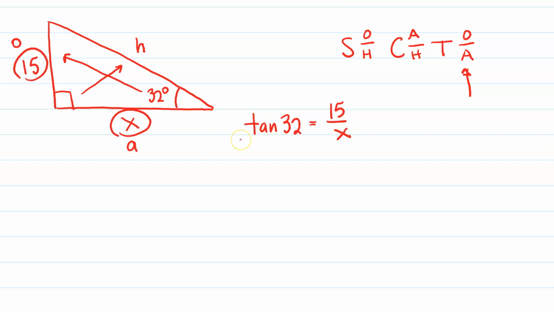Okay, when my problem looks like this, I'm always going to handle it the same way. I'm going to cross multiply, which means when I do that, X and the tangent of 32 will end up trading places. So I'm going to call this the same thing as 15 over tangent 32. Now when I go to enter that in my calculator, I'm simply going to enter 15 divided by, I have to hit 32 before I can hit tangent, then hit the equals.